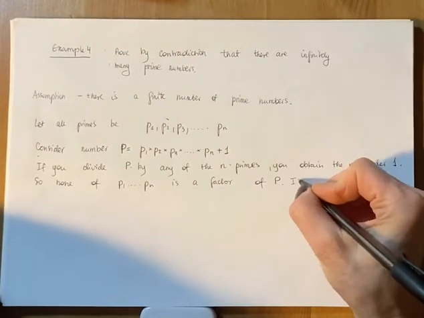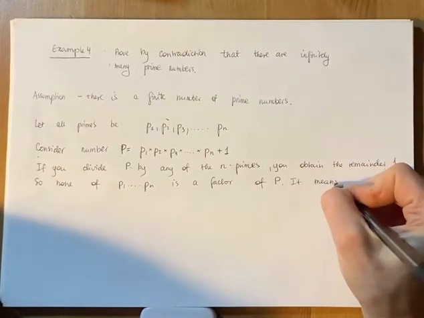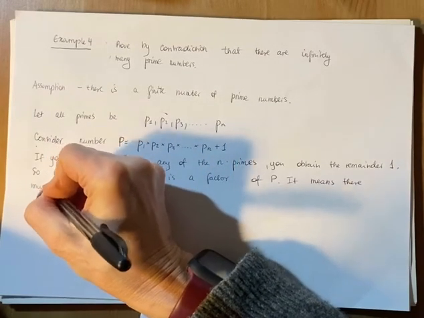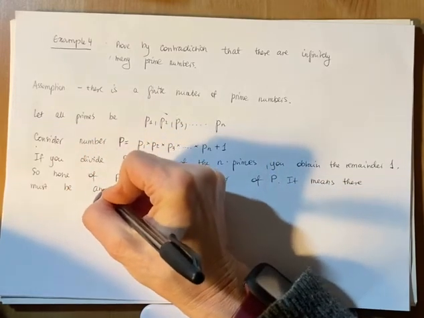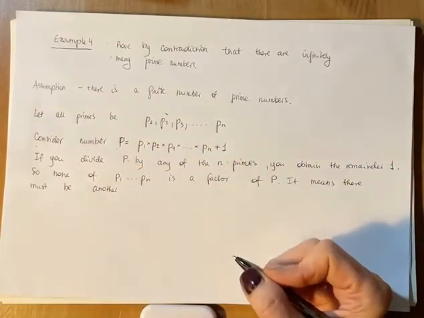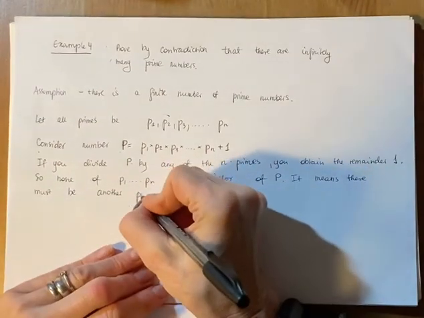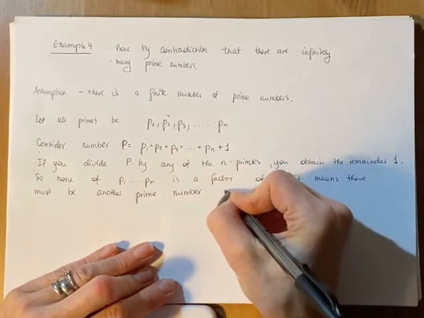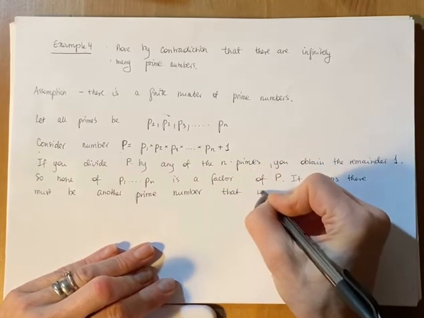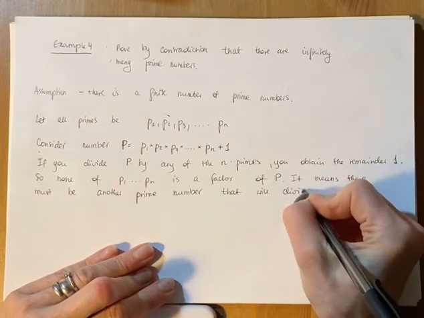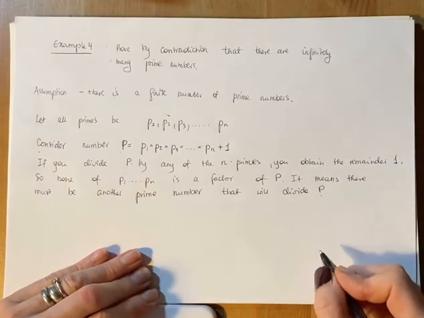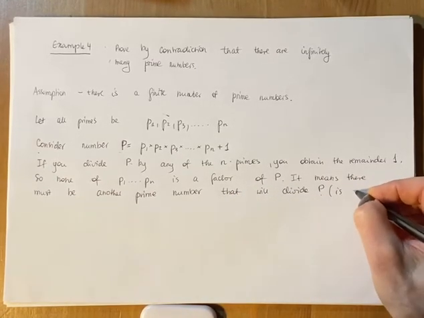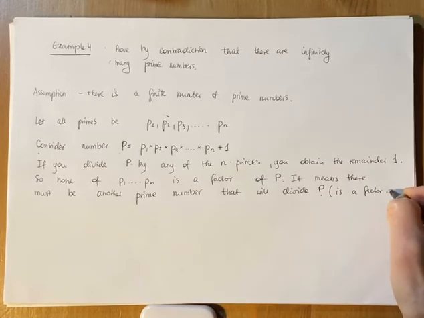It means there must be another, at least one prime number that will divide P. So it will divide P, so is a factor of P.